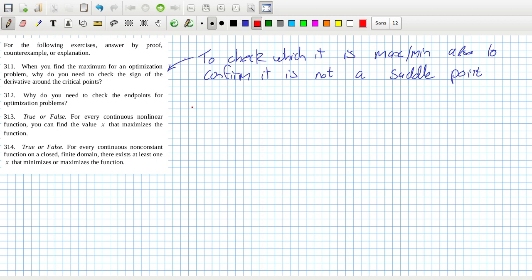Why do you need to check the endpoints for optimization? Because there could be a global max or min there.